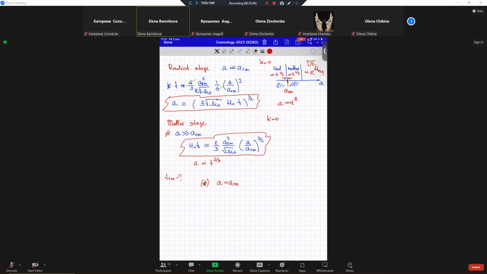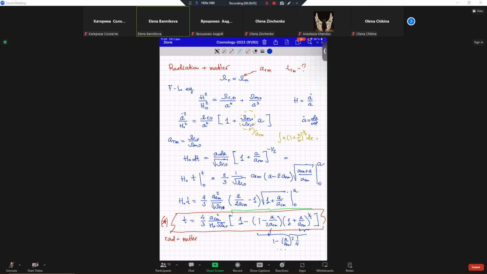So we can immediately write that in this case, H0 TRM equals what we have here, 4 divided by 3, ARM squared, divided by square root omega R0, and in parentheses we will have 1 divided by square root minus 1 divided by 2 square root. Okay, let's put it here.